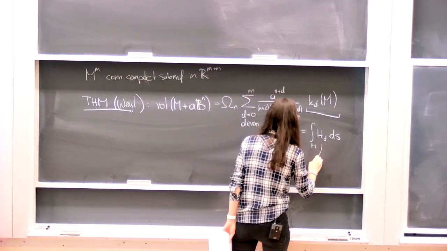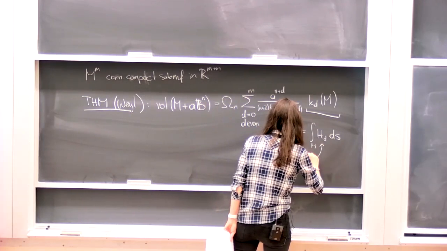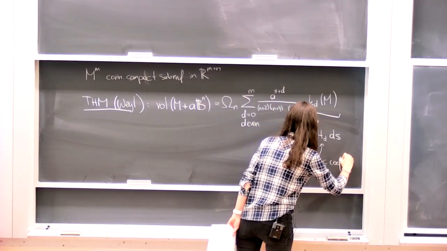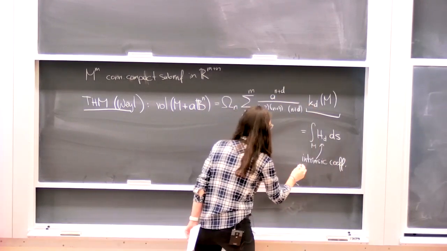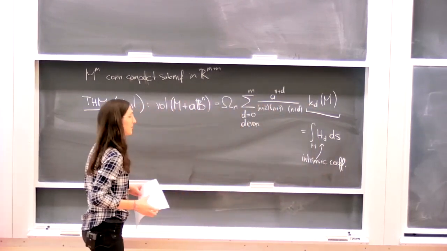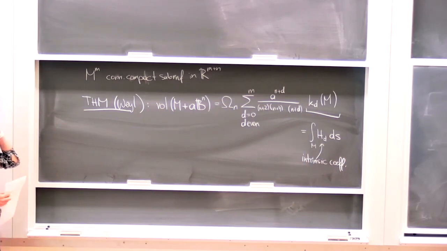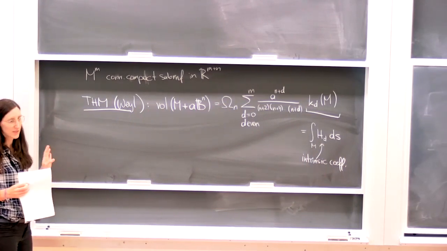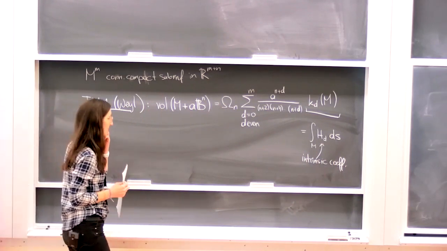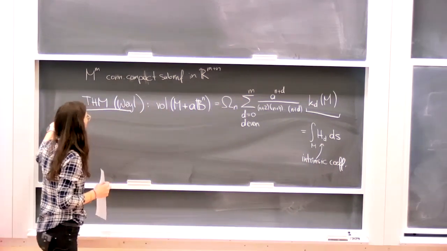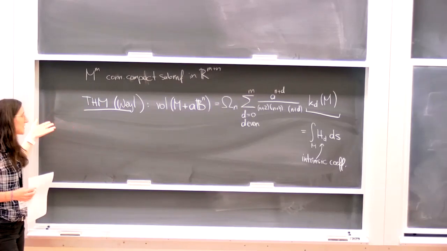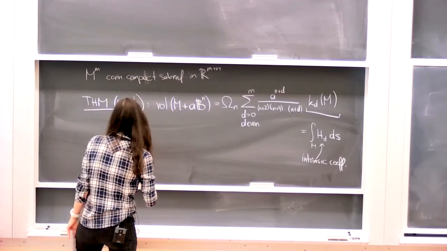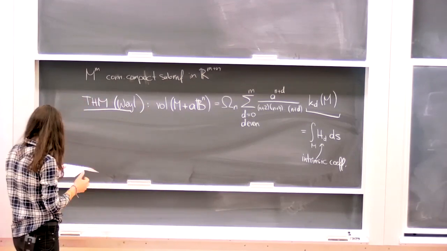So these are intrinsic coefficients. They're just products and sums of Riemann tensor components. Yeah, because the background is in a sense R^n, so it's easier.